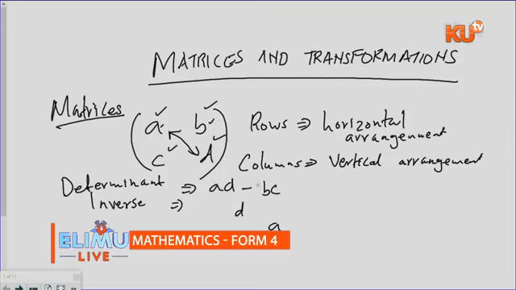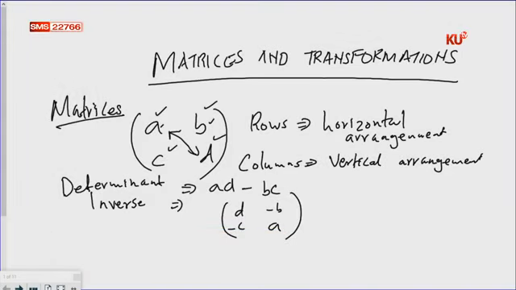So B becomes negative B, and C becomes negative C. Once we have this matrix, we multiply by the reciprocal of the determinant, that is 1 over AD minus BC. That is how we get the inverse of a 2 by 2 matrix.